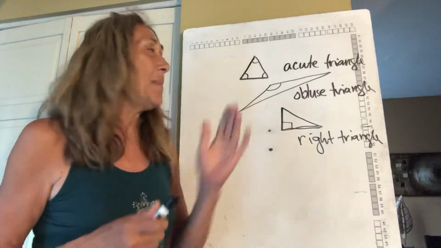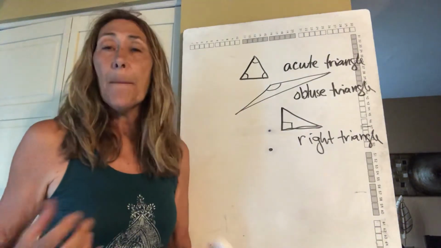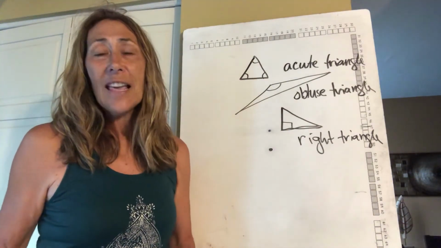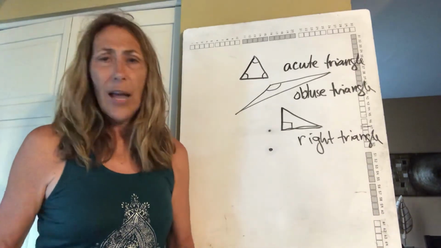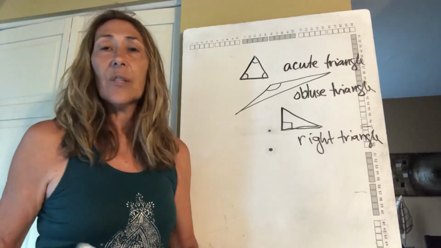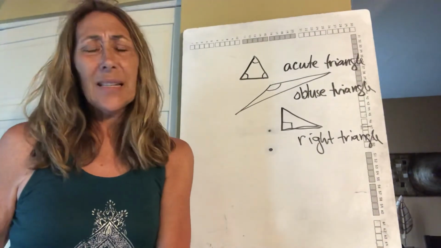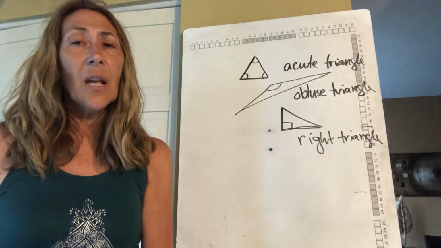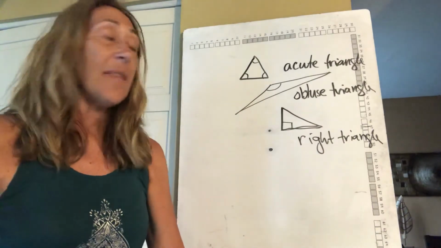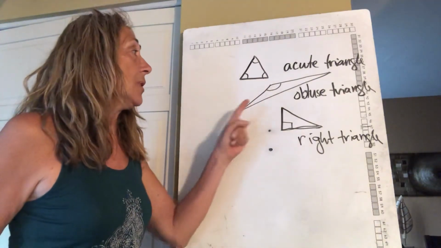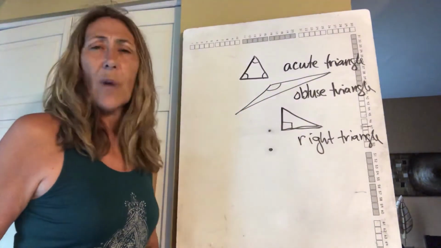Tri means three angles. So that's by the degrees. So we can give triangles a name by the type of angle: acute, obtuse, and right triangle.